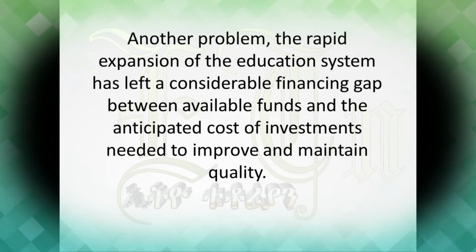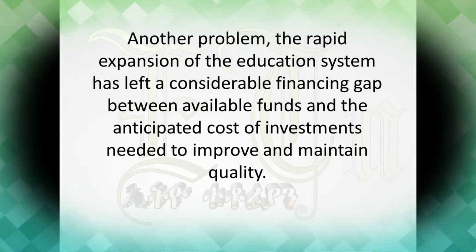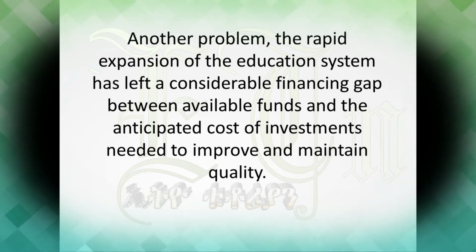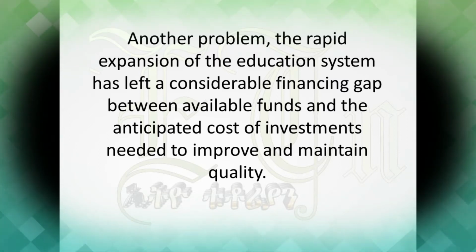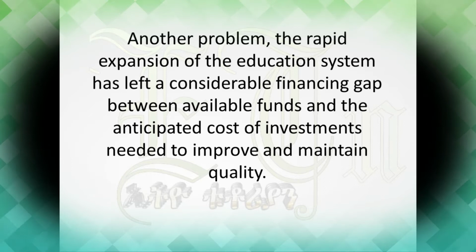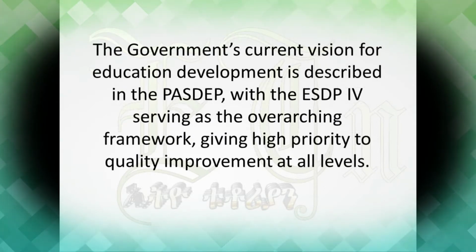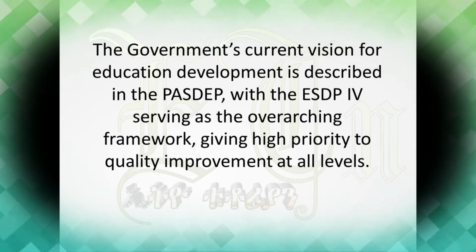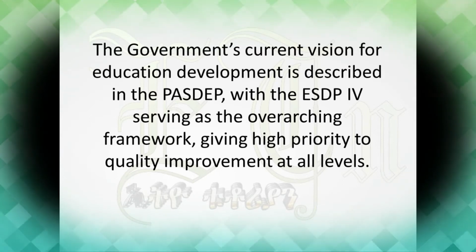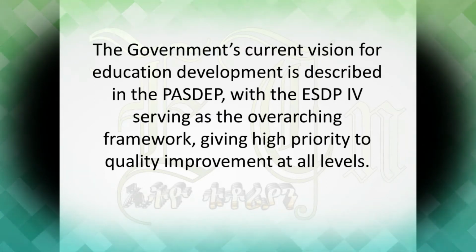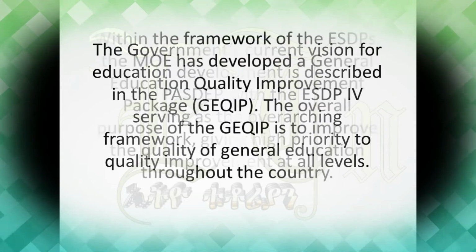Another problem, the rapid expansion of the education system has left a considerable financing gap between available funds and the anticipated cost of investments needed to improve and maintain quality. The government's current vision for education development is described in the PASDEP, with the ESDP4 serving as the overarching framework, giving high priority to quality improvement at all levels.